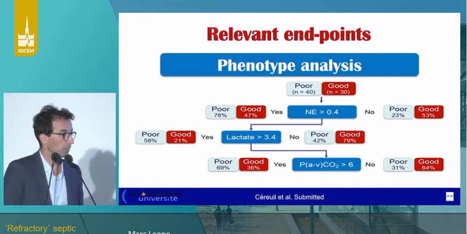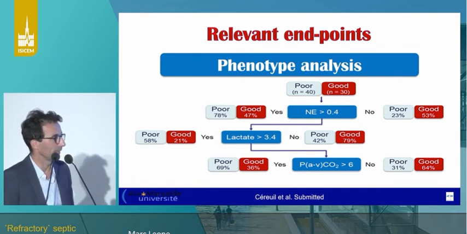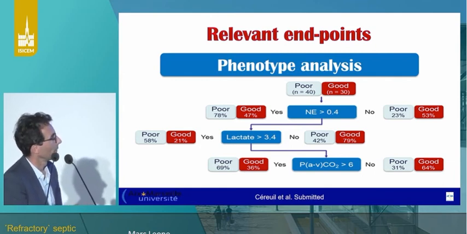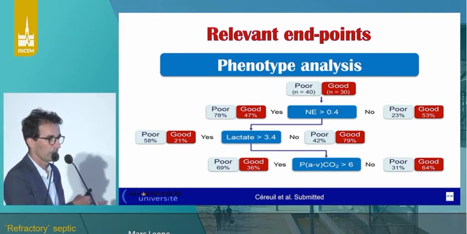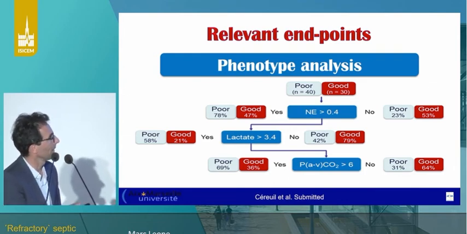Our statistician conducted this analysis, and we see that the first and most important point was the dosage of norepinephrine, and the magic number was 0.4. That's not based on magic numbers; that was statistically the finding of the statistician.